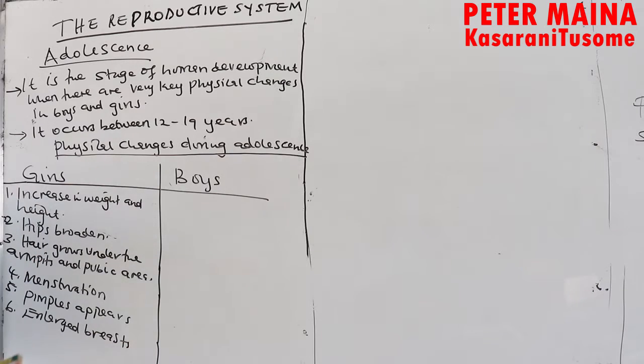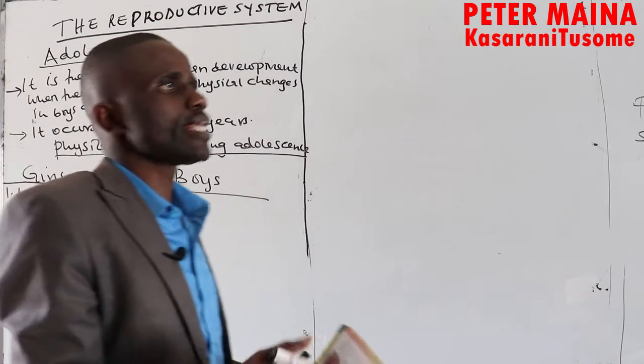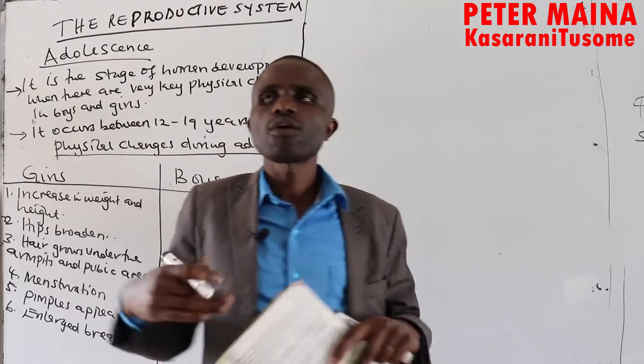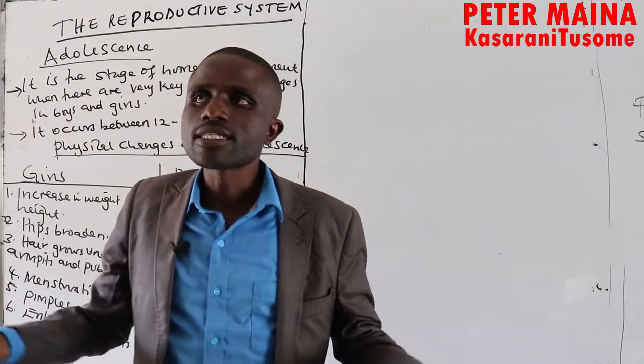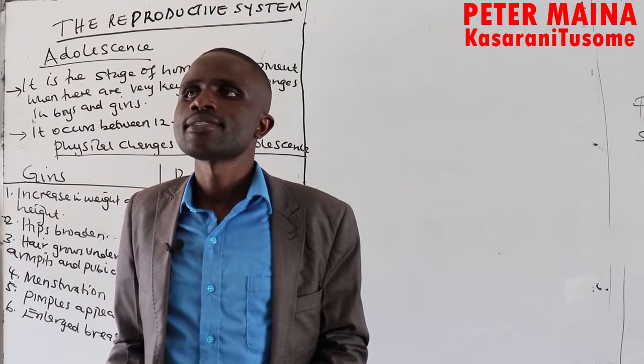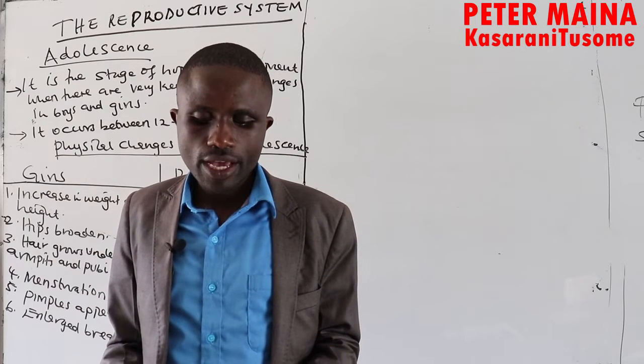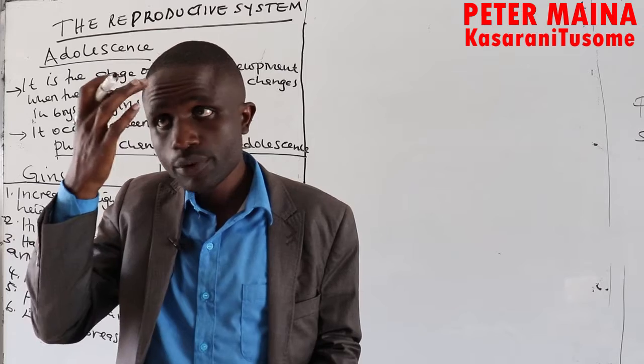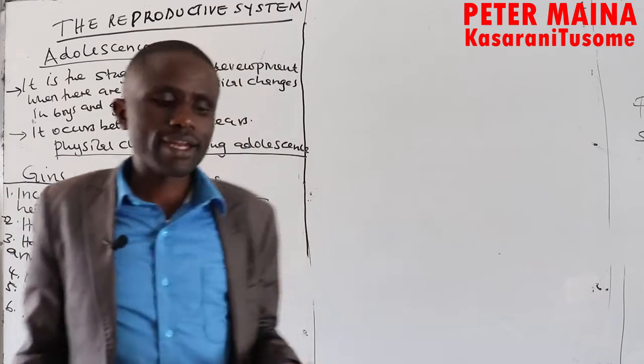So that's what occurs in girls. So we've said hips broaden, the girl's weight and height increases, menstruation occurs. Then you'll also find that in girls, she has pimples, and then breasts are enlarged.